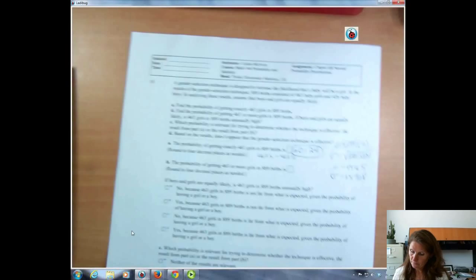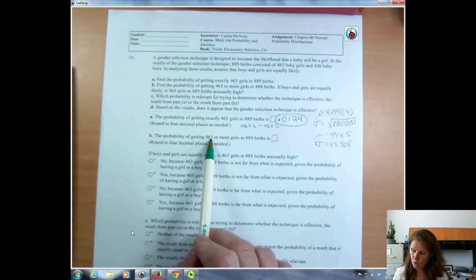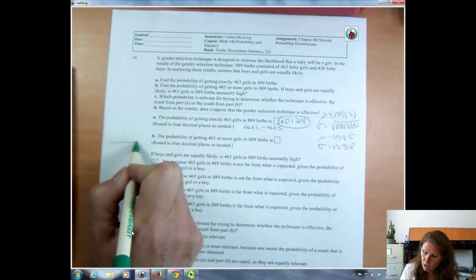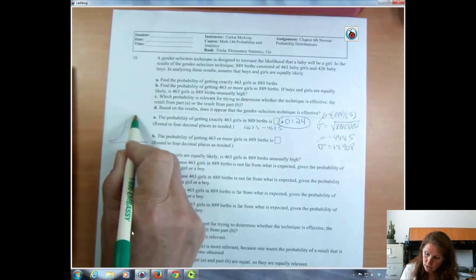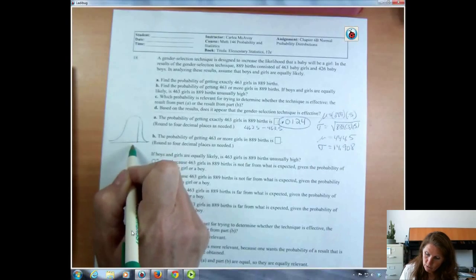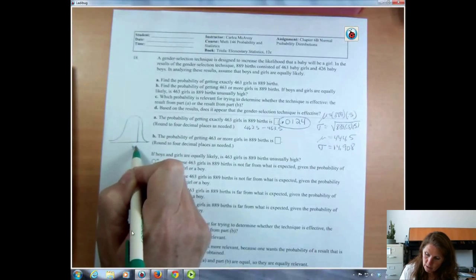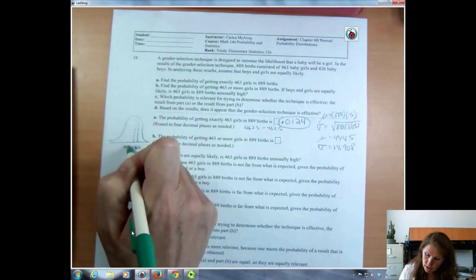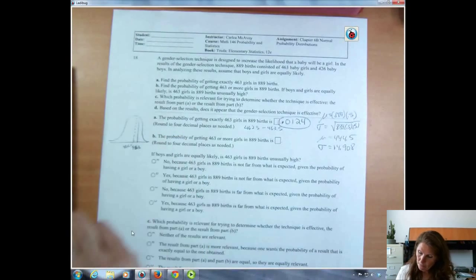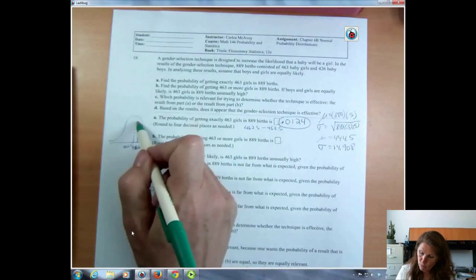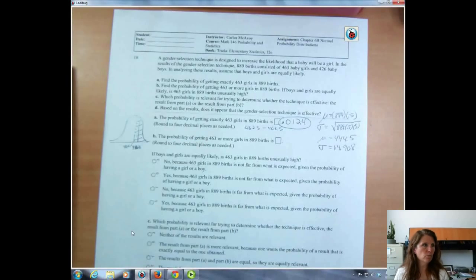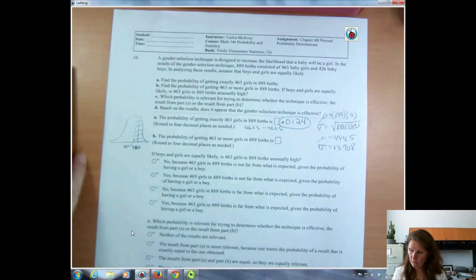Good for us. The probability of getting 463 or more girls. Now remember, again, I want to make sure that when I do this, I include the 463. So if here's my 463, I need to go back to 462.5. The probability of getting 463 or more, so we're going to go to the right like that, so it's going to positive infinity.